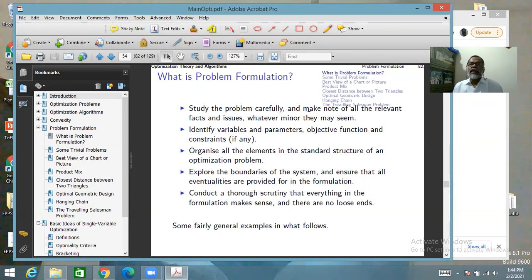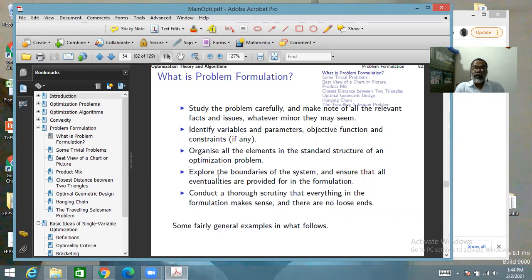Out of that study, we need to identify variables and parameters, objective function, and constraints, if there is any. Next, organize all these elements in the standard structure of an optimization problem. Minimize this function of these variables subject to these constraints in that manner.